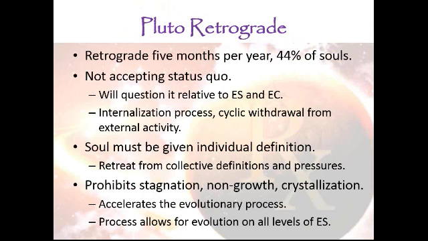All planetary retrogrades, and especially the outer planets, Uranus, Neptune, and Pluto, give us an opportunity to be more conscious of society, collective status quo, and how dissatisfied we are with it, how we want to evolve, grow, break free.